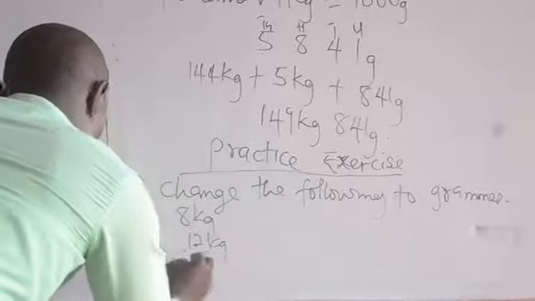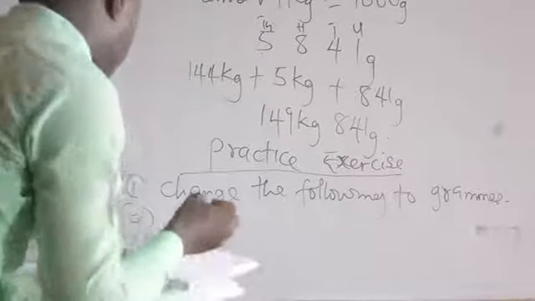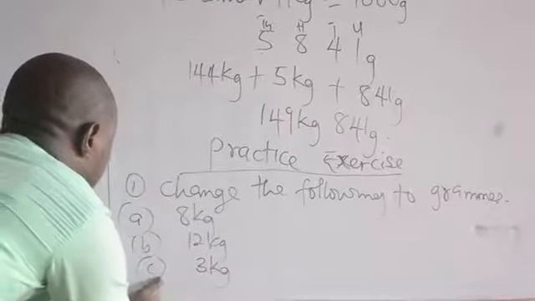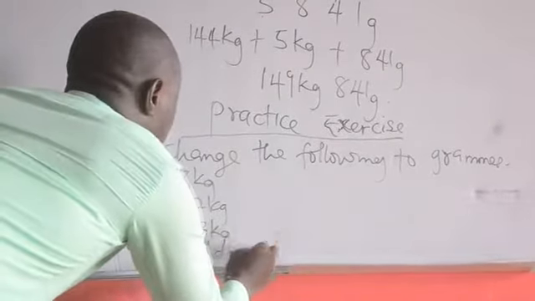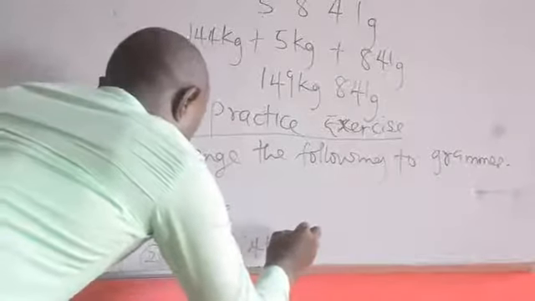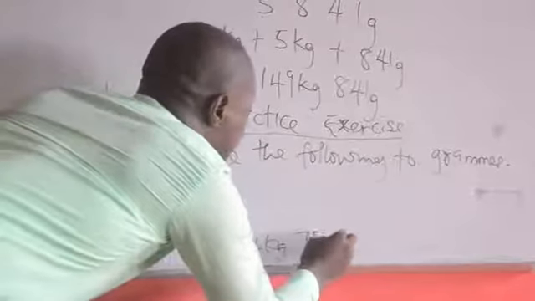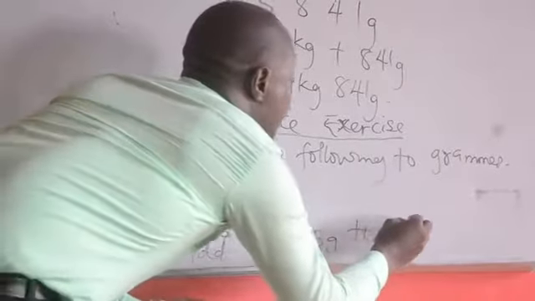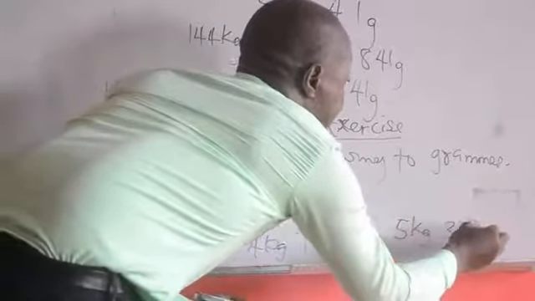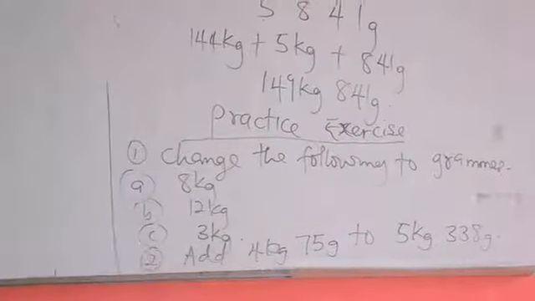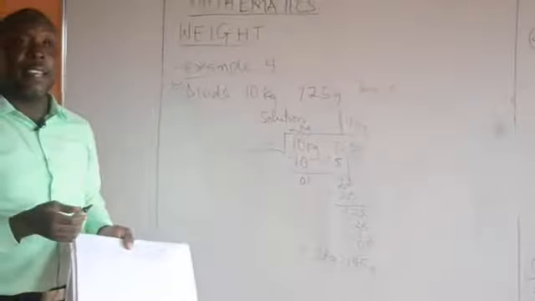C, 3 kilogram. Question 2. Add 4 kilogram, 75 gram to 5 kilogram, 338 gram. Please, you are expected to follow the procedure to solve this practice exercise. Thank you.